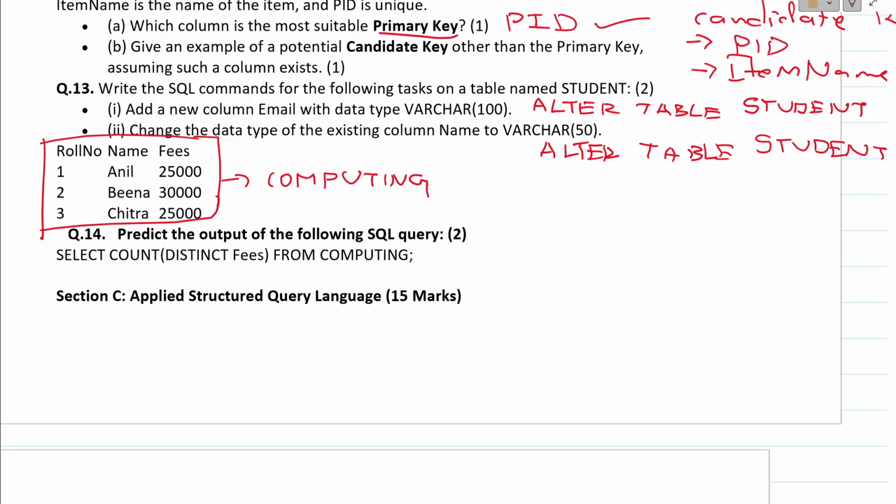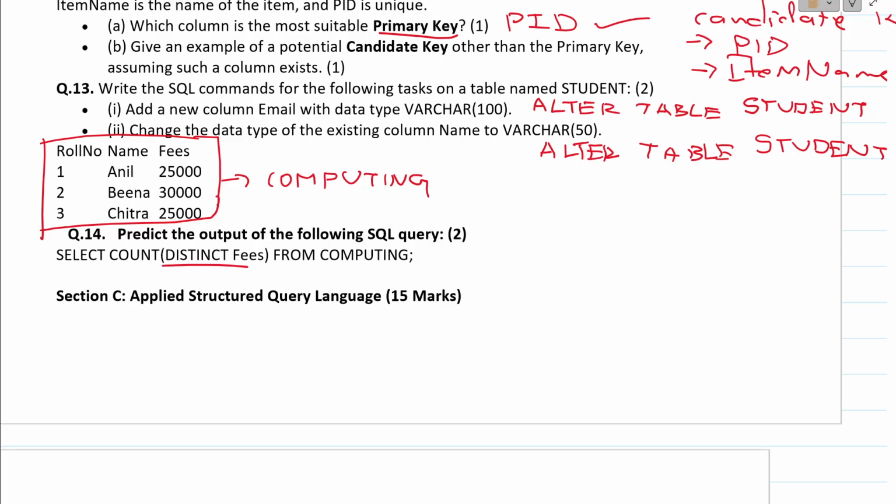So here it is counting the number of distinct fees. Distinct fees means our duplicated values will not be counted. What do you think? What will be the answer to this? Think very properly. What will it be calculating?